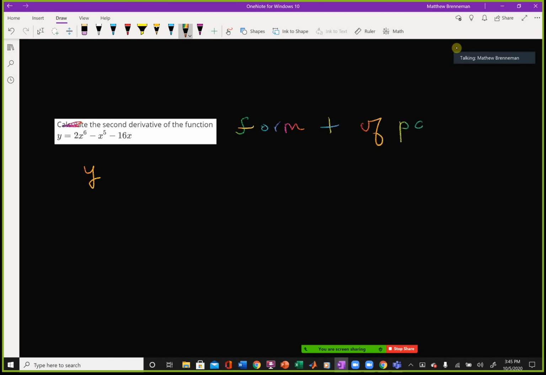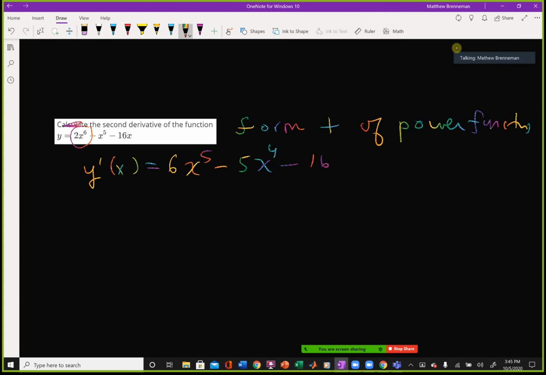So I know that this is going to be pretty straightforward. So for y prime I'll just take the derivative of each term. I will get 6x to the 5th minus 5x to the 4th minus 16.